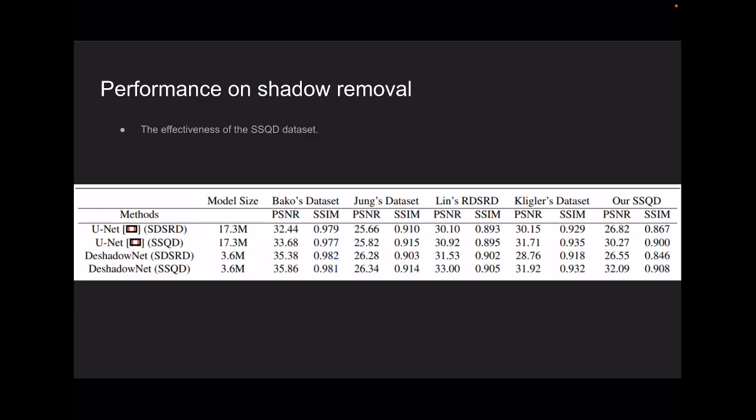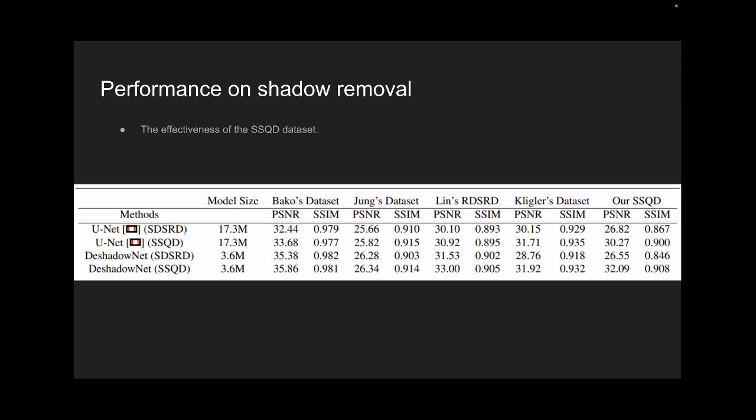One of our contributions is the data synthesis procedure that enriches the training dataset variations. Across all test datasets, models trained using SSQD generally perform significantly better than those trained using SDSRD.